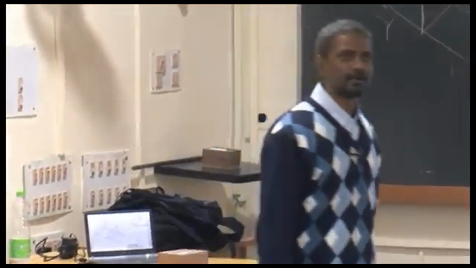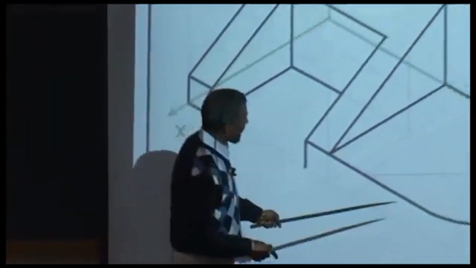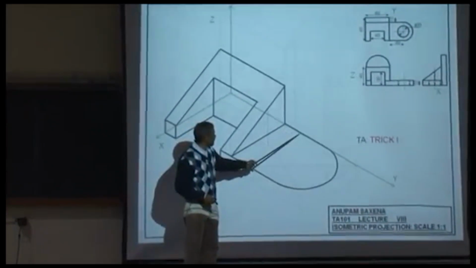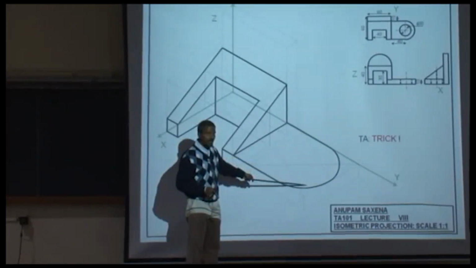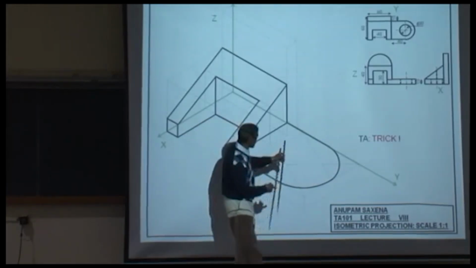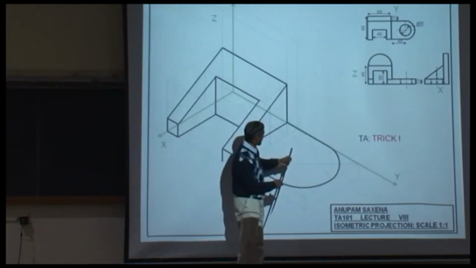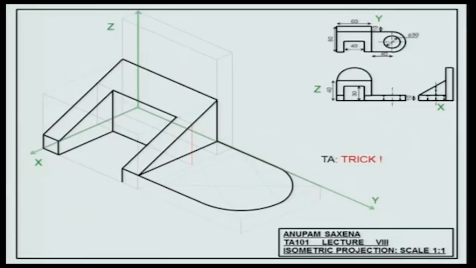Absolutely. So what do you do? You're going to be drawing only half the ellipse. You have the center for this one, which is here. And if you have to draw an arc which is parallel to this arc, what do you need to do? You need to go down by what distance? By 10. You need to go vertically down by 10. Identify the center here. The same radius from here to here. Draw this arc.